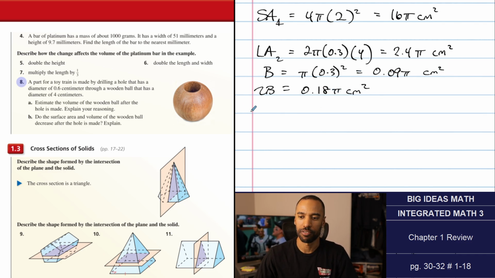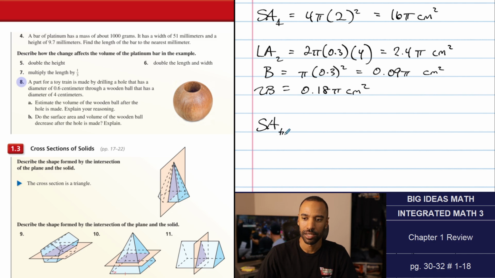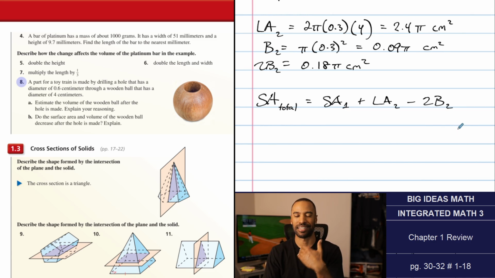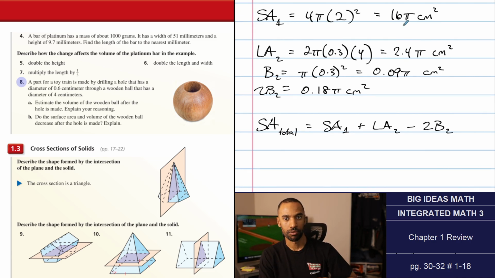So when we find the surface area of the total thing, we're going to be doing the surface area of object 1. Oh, this is object 2, by the way. Surface area of object 1 plus lateral area of object 2 minus the 2 base areas of object 2, which will be a net larger value. It'll be net positive. It'll be an increase.